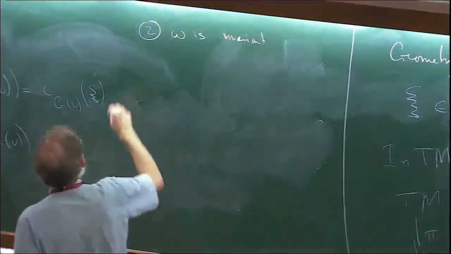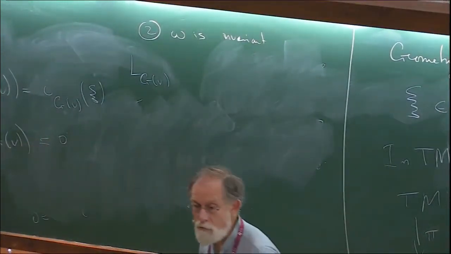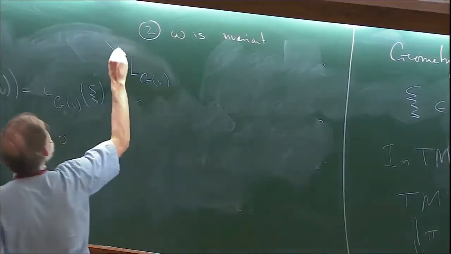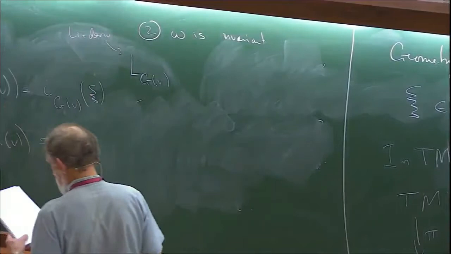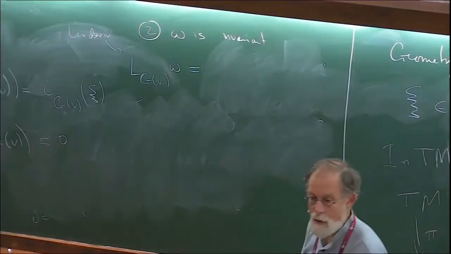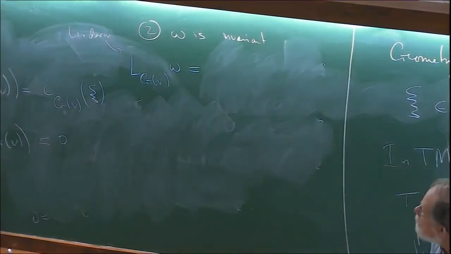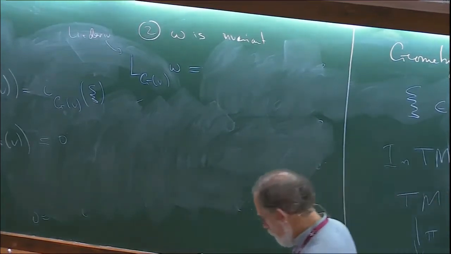So I'll use the notation L is meant to stand for Lie derivative. So basically I'm seeing how omega changes under the flow defined by G. And I'm doing this at V, and I want to get 0.